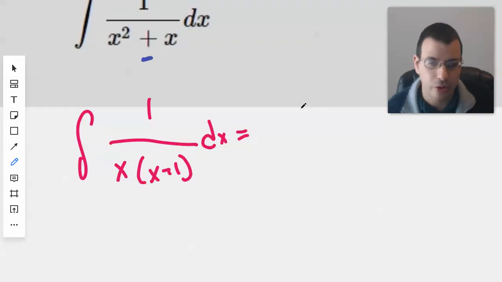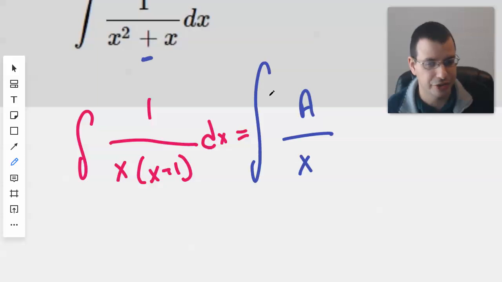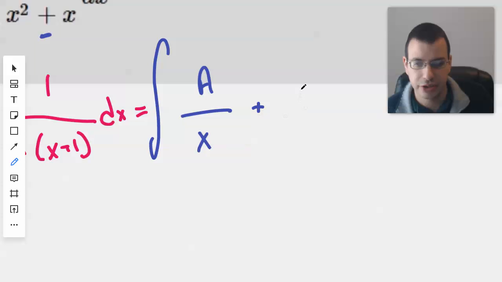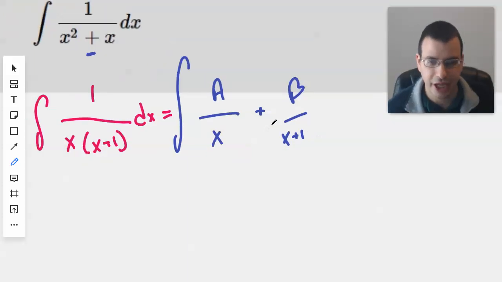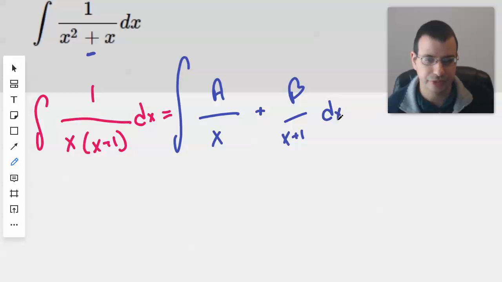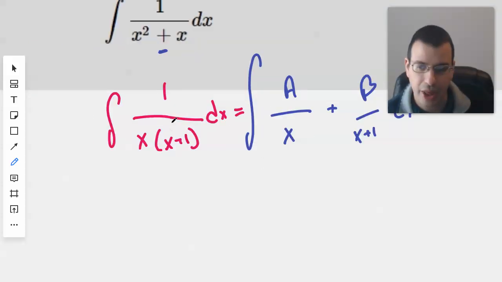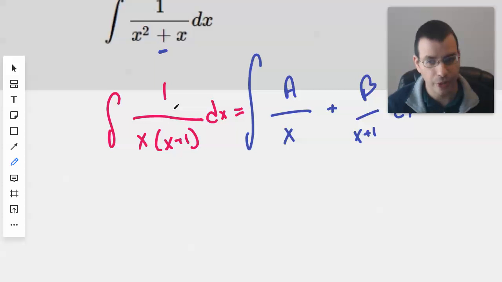So we're going to assume that this is A over x, still inside the integral, plus B over x plus 1. The idea is we can choose A and B so that they combine to equal this value over here.